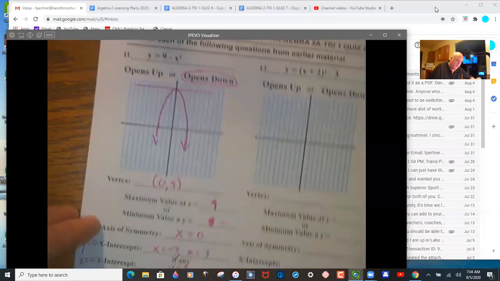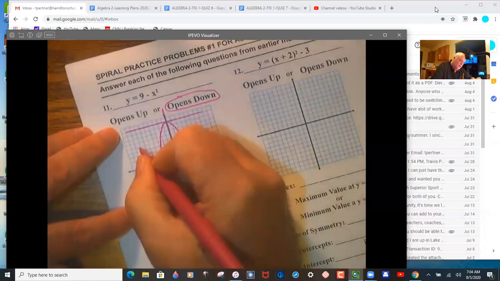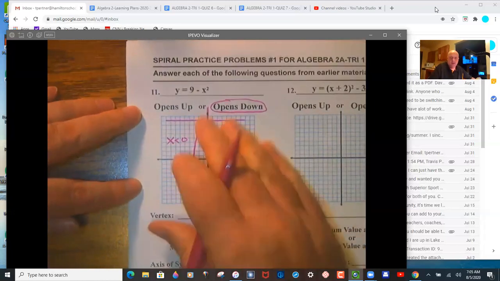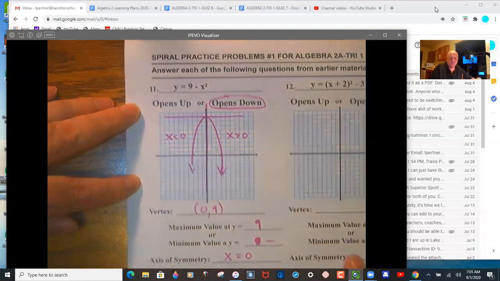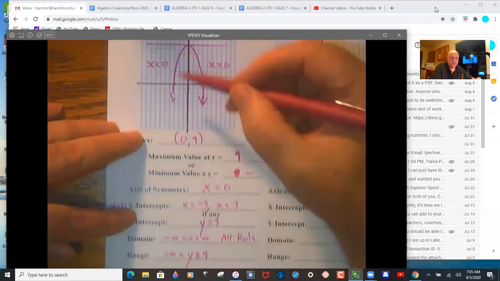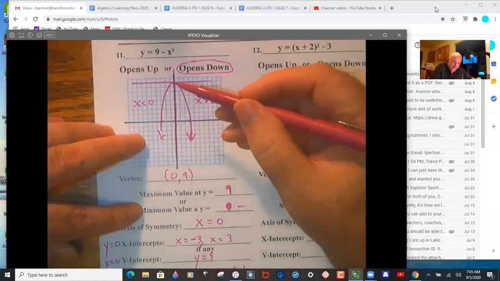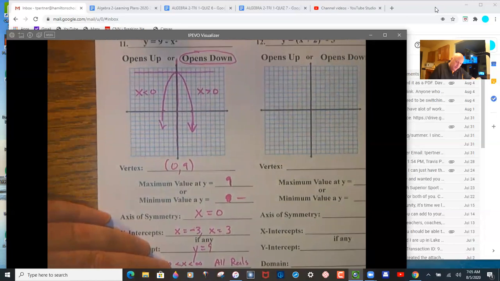All right, so intervals of increasing and decreasing. This is where you come over here, so you split it down the x value of the vertex, and this is less than that and greater than that. And then what you do is you trace the graph left to right. So here I'm rising, and on the other side I'm falling.